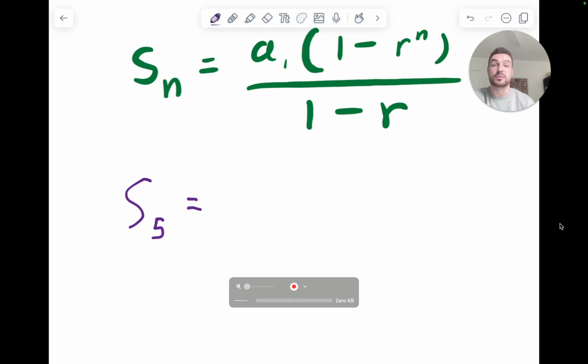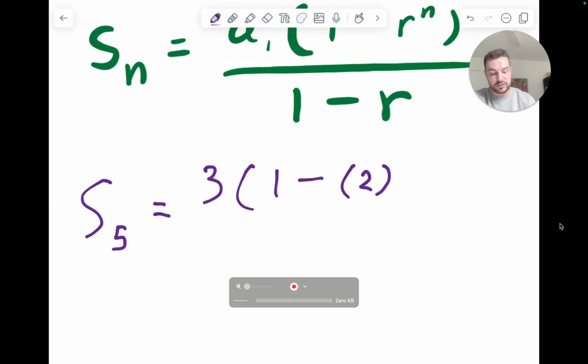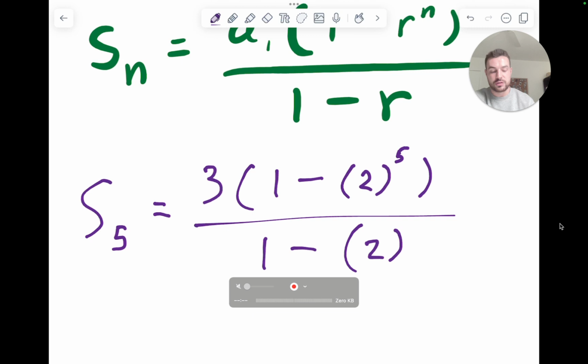Then we have a sub 1, which is our first term, times 1 minus our ratio, which is 2, to the n power. Well, we replace the s sub n with a 5, so that means the n in our equation should also be a 5. And then we have 1 minus our ratio again, which is 2.